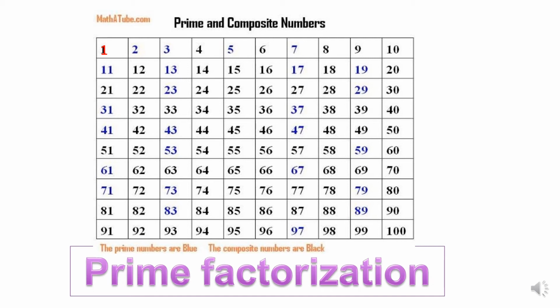That's why they are known as composite numbers. So it is necessary to have the knowledge of prime and composite numbers before learning the prime factorization method to find the square root of a number.